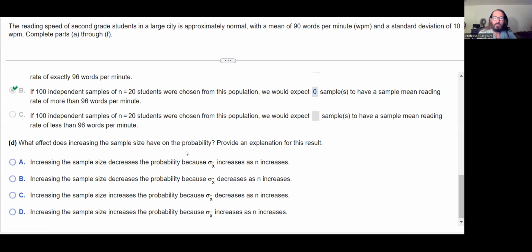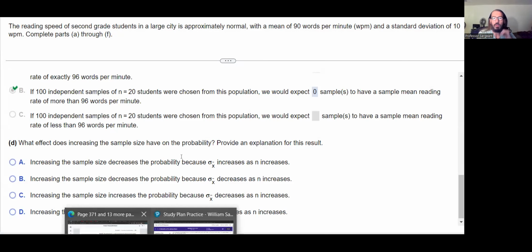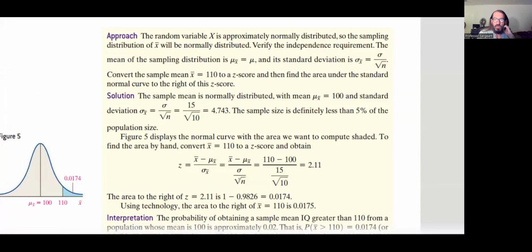What's happening as n increases, we look back at this formula here. As n increases, square root of n is also going to increase. So sigma divided by square root of n is going to get smaller.